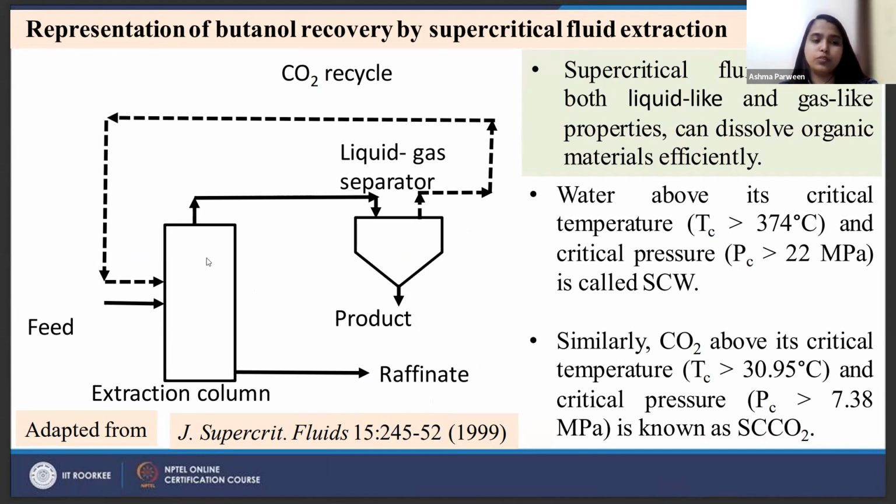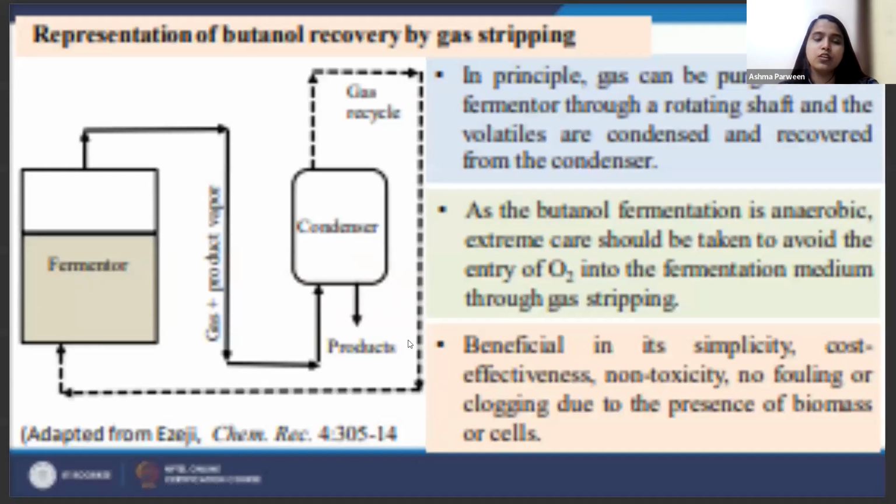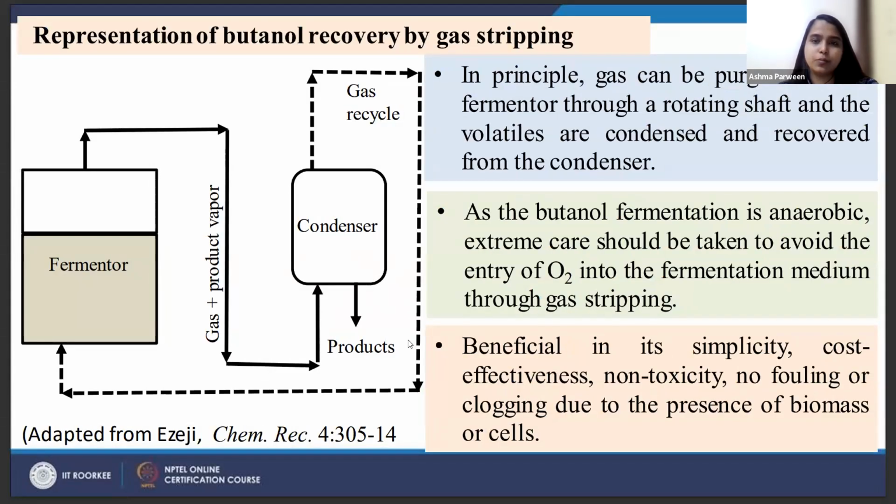The fluid dissolves the butanol, and we then separate the butanol from the product. Next is gas stripping. Here the product is fed into a condenser, and because of the condensation we get the product and butanol.